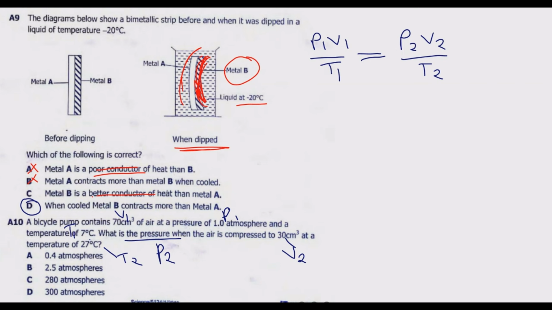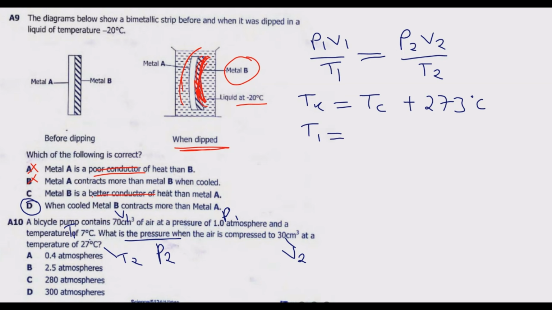Pressure is given to us, volume we know. But where we need to be careful is temperature. Temperature should be in kelvins. So what's the relationship? Temperature in kelvins is given by temperature in degrees Celsius plus 273. So let us find temperature 1.